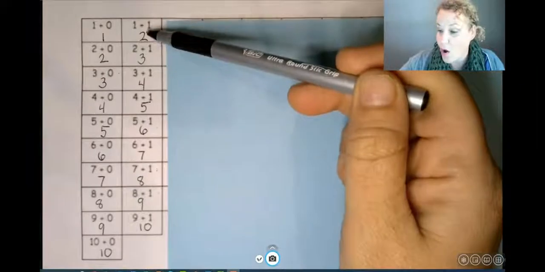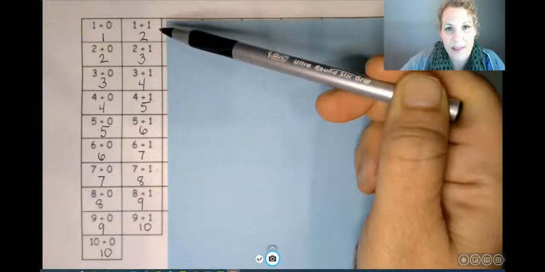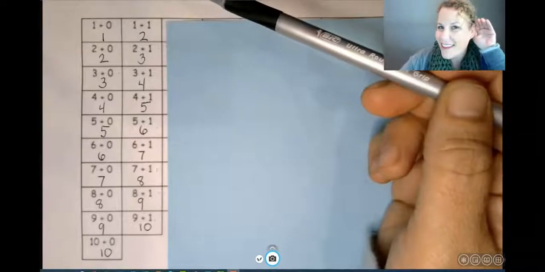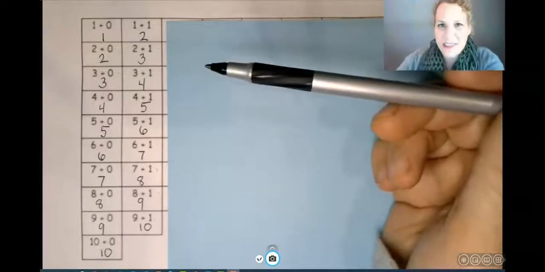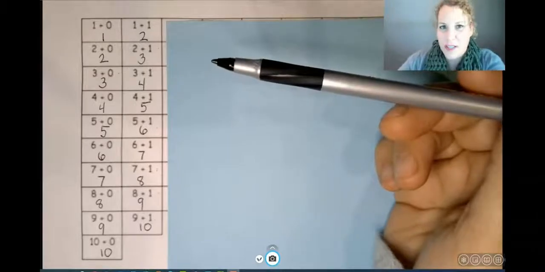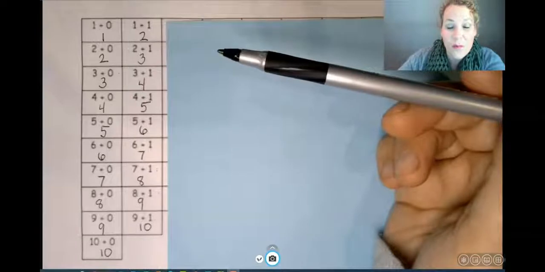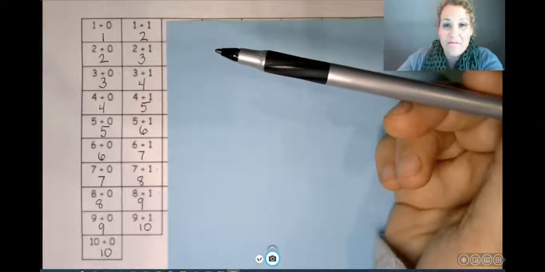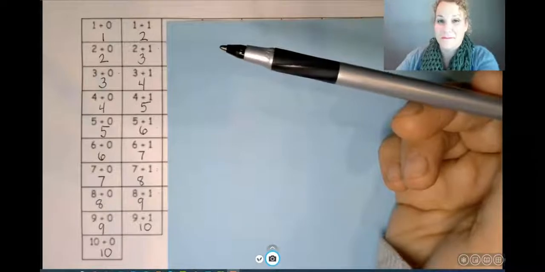Is it true of all of the facts in this column that the answer goes up by 1? It sure is. So could we say that 21 plus 1 is 22 because it's just 1 more, or the next number you say when counting? Absolutely. This is a great pattern.